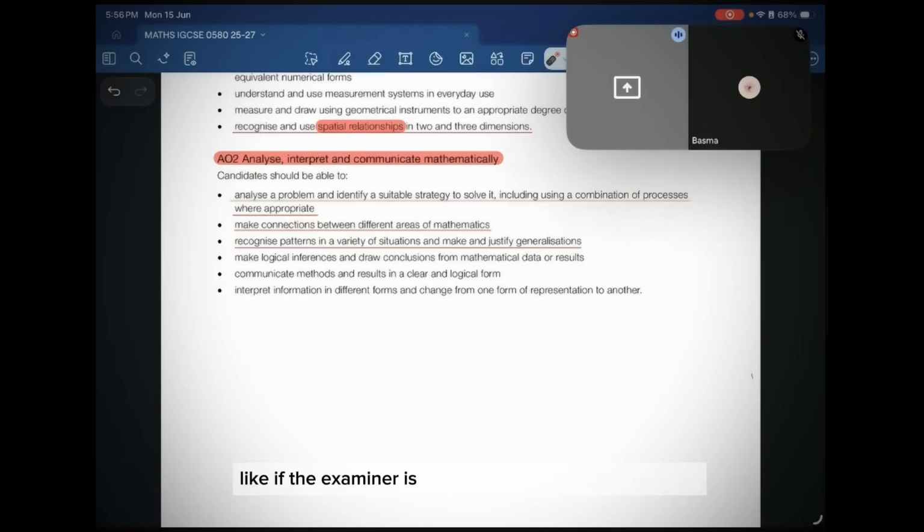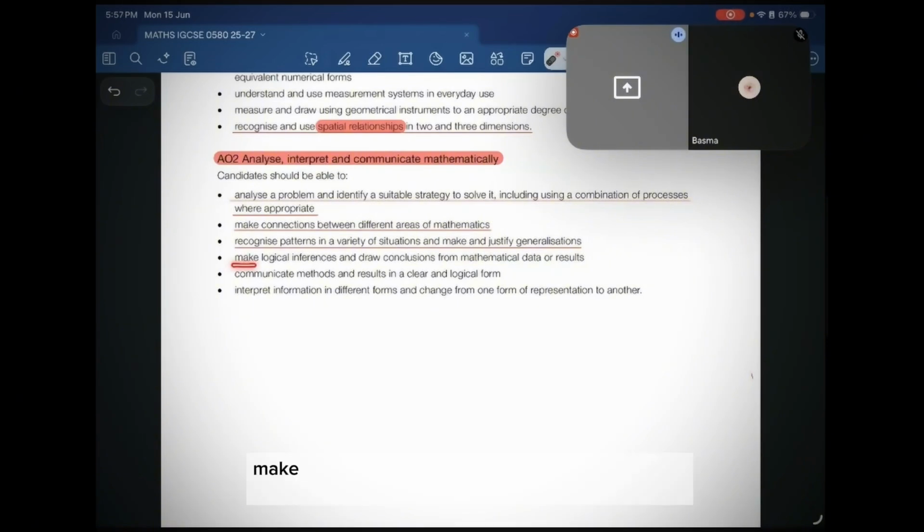Like if the examiner is taking something for granted, like this is just general information, you need to be able to justify it. You need to be prepared with the content enough so that you are even able to make these generalizations. Clear, Bisma?